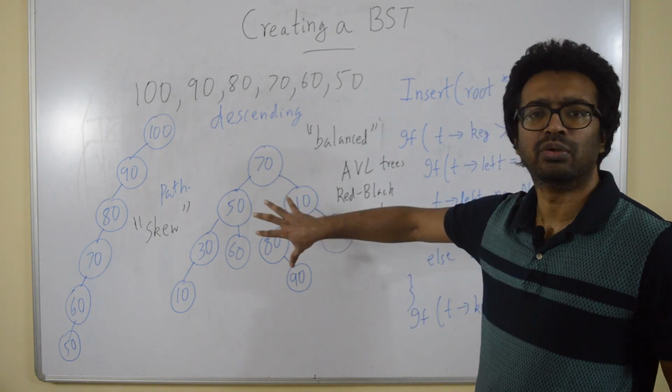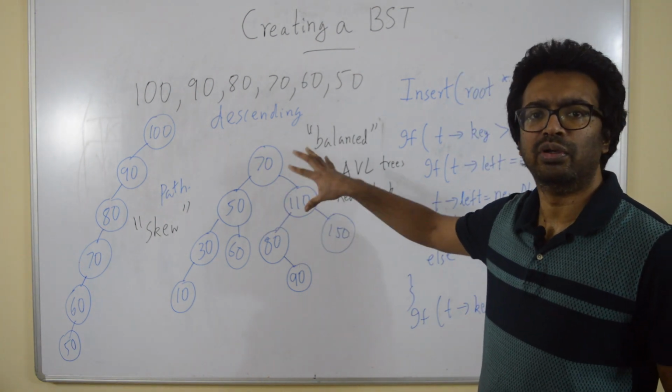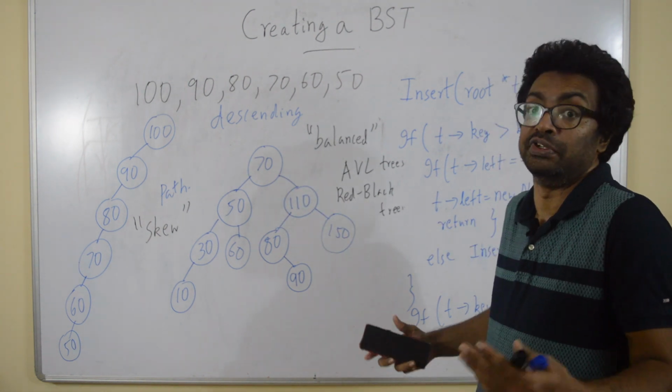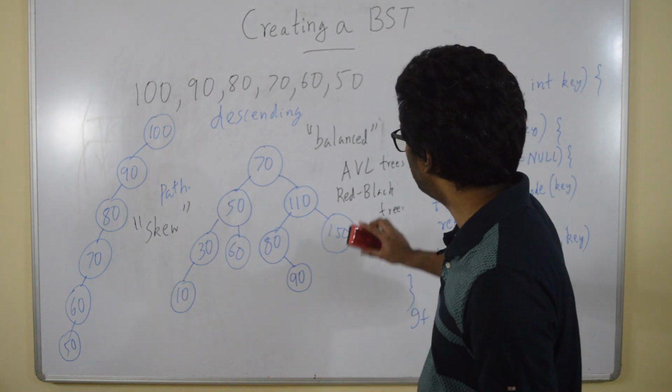So we're going to look at this tree, and we start deleting numbers, and I will see what needs to be done.